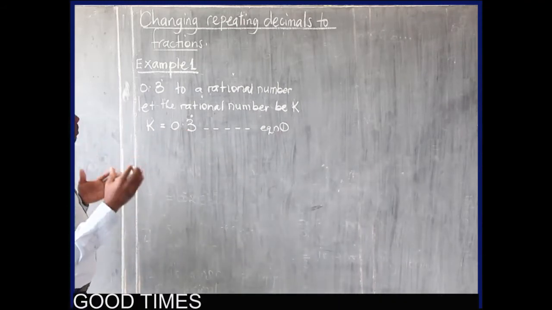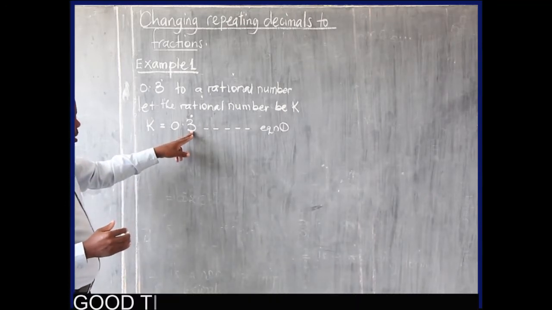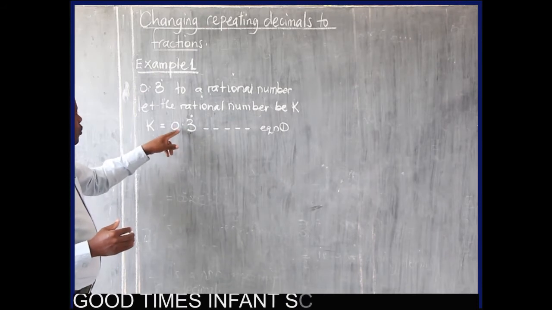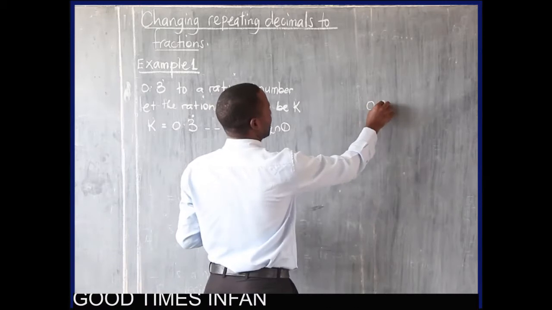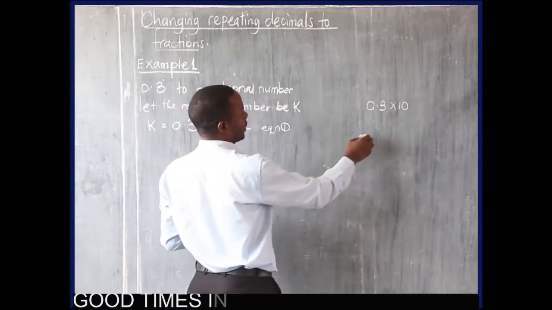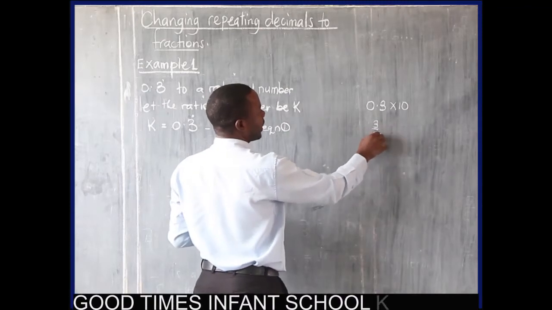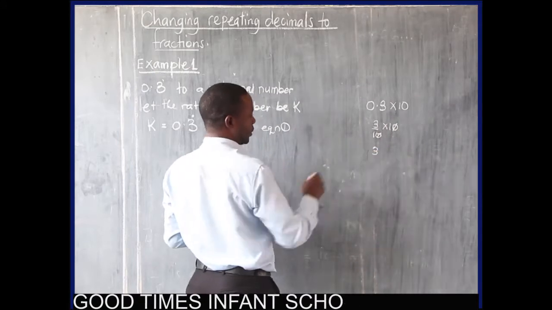So what do we do? We multiply by 10 to make sure this 3 becomes a whole number. So how can we make 0.3 a whole number? In my simple explanation, 0.3, we make it a whole number by multiplying by 10, such that this one becomes 3 out of 10. Then times 10, you will see that this one will become a 3.